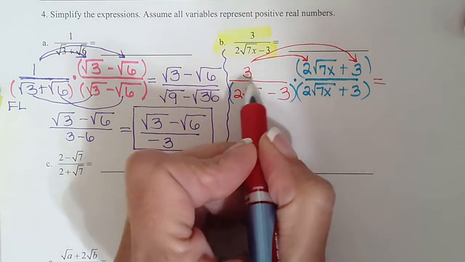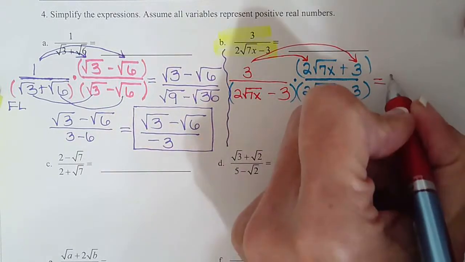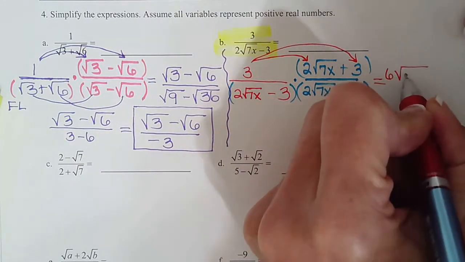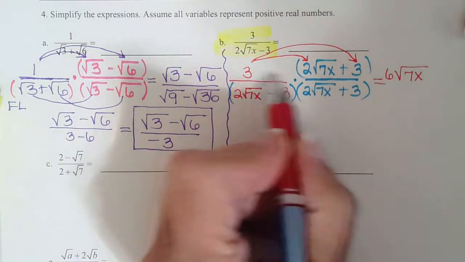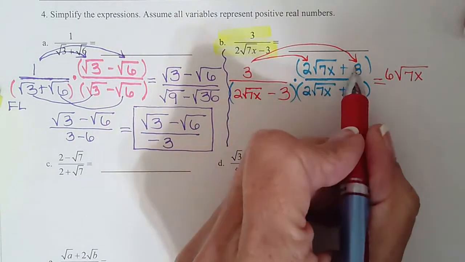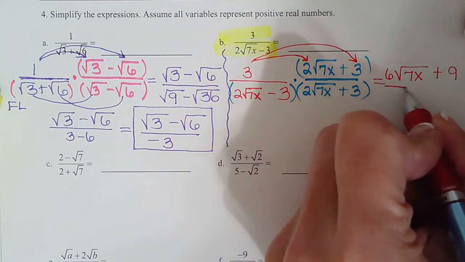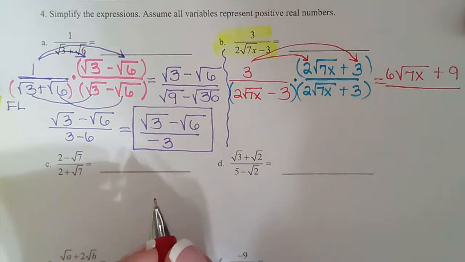From the first term, we're going to get 6 radical 7x. So we multiply the front numbers. There's nothing to multiply the radical by, and then we get plus 9. So that's nice and simple.